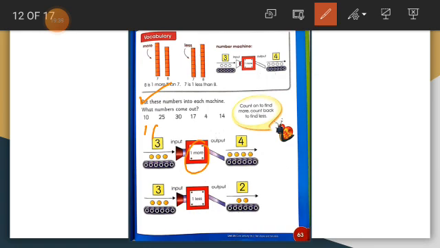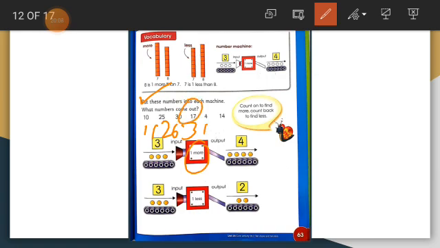Okay, what is the answer when we put the 25 in this machine and add 1 more? What is 1 more than 25? That is 26. Very good. Now when we put the 30 in the machine, what is the answer for 1 more than 30, like 30 plus 1? Very good, 31.